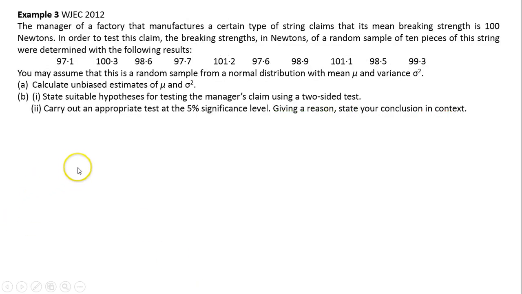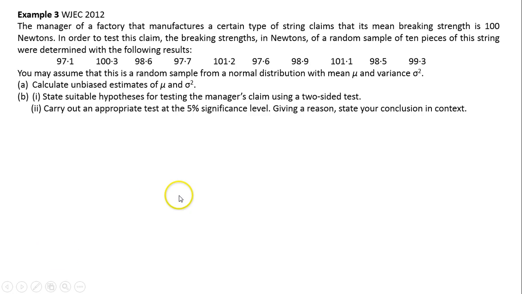Example 3. The manager of a factory that manufactures a certain type of string claims that its mean breaking strength is 100 newtons. In order to test this claim, breaking strengths in newtons of a random sample of 10 pieces of string were determined with the following results. Small sample.